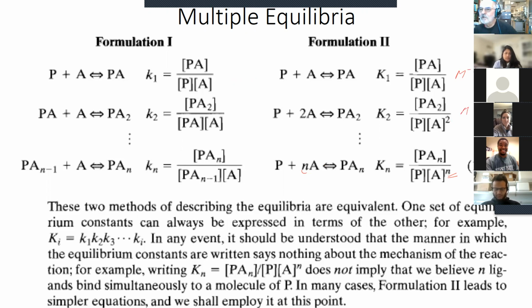This constant will have molar to the -2, because there's 3 concentration units in the denominator. And this will have equilibrium constant units of M raised to the n -1.